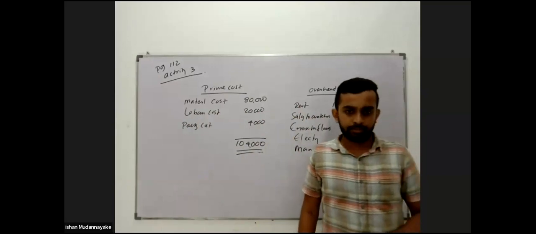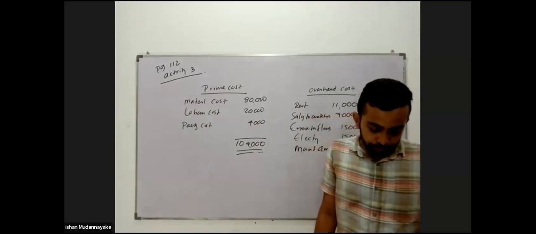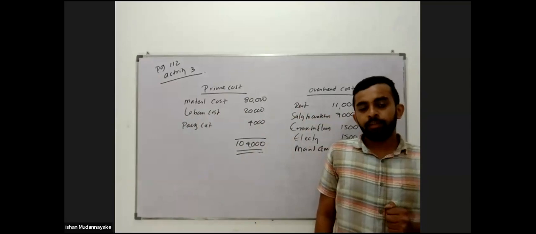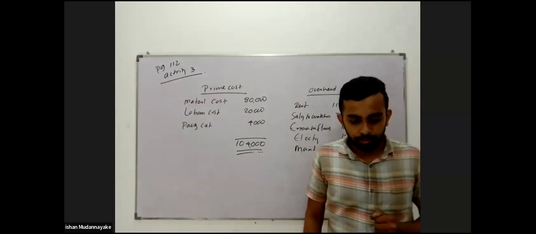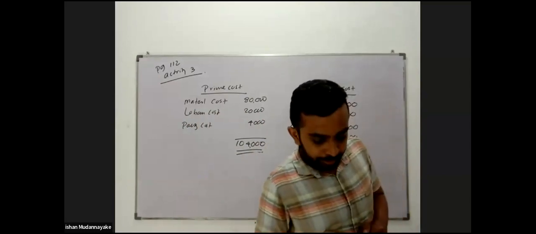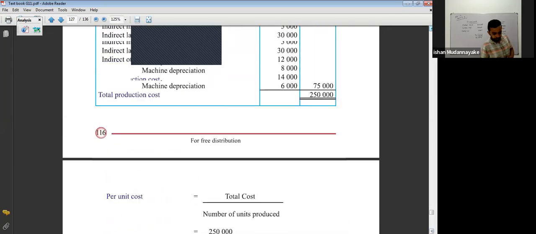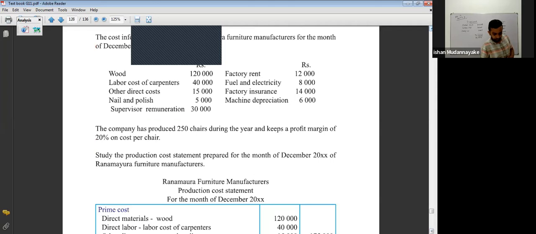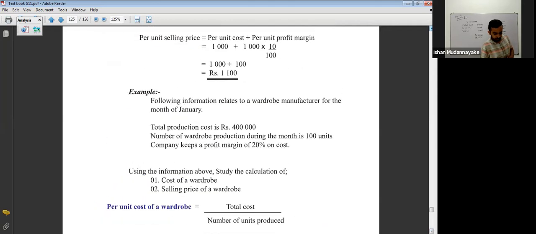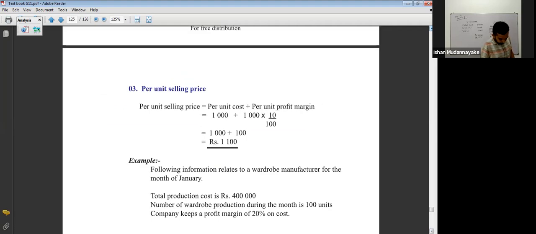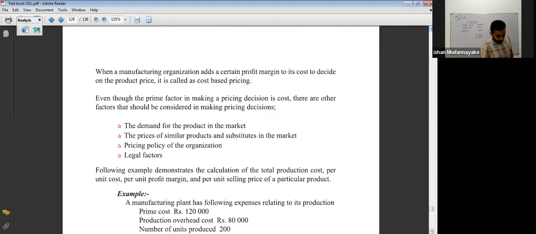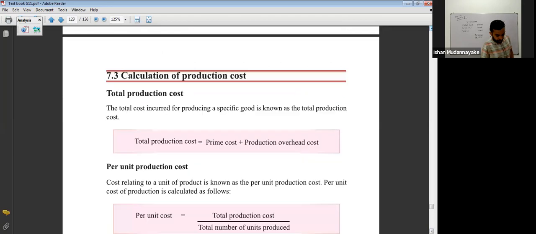Already we have discussed the method of calculating selling price of a product. Here, calculation of production cost of business.